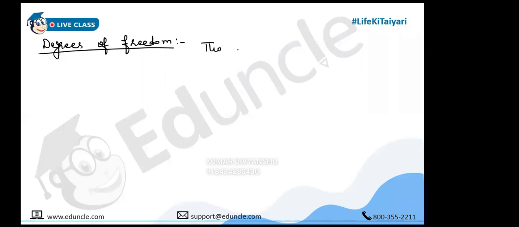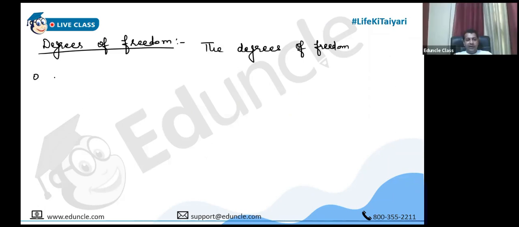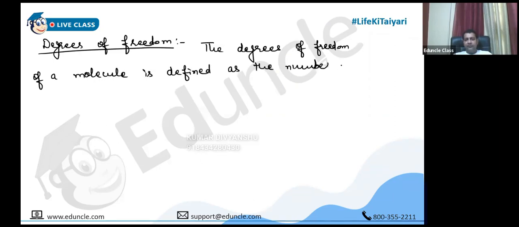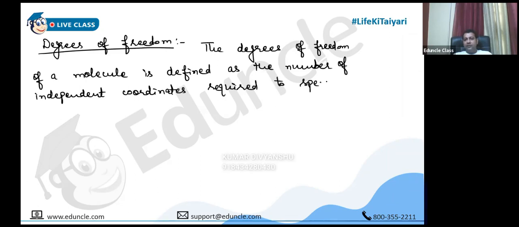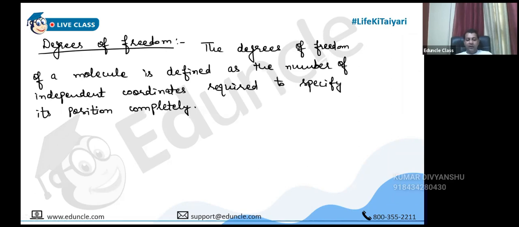So the degrees of freedom of a molecule, not specifically gas, is defined as the number of independent coordinates required to specify its position completely. Okay, number of independent coordinates.